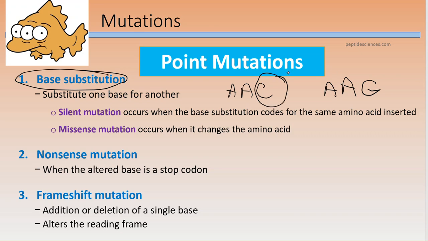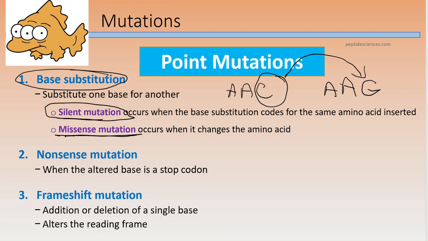The C was substituted for a G. If this substitution codes for a different amino acid, then it is known as a missense mutation. However, if this change actually codes for the same amino acid, remember when we looked at proline, that it actually has 4 different codons that code for it. So if this point mutation codes for the same amino acid, then it's known as a silent mutation because there'll be no change.